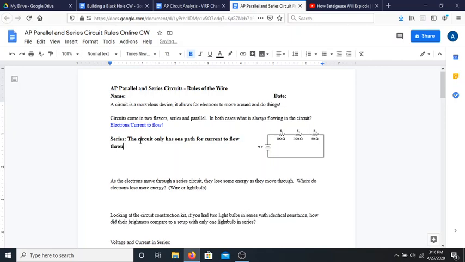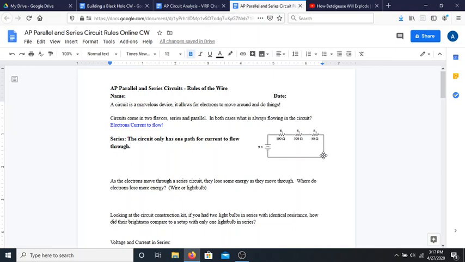It doesn't matter how many things I put in this circuit. In this case, the circuit to the right has 3 resistors, and in the video after the next one, we'll talk about what these symbols actually mean. I could put as many resistors as I wanted in a line, but as long as there's only one line through the whole circuit that the current can travel through, that's a series circuit.